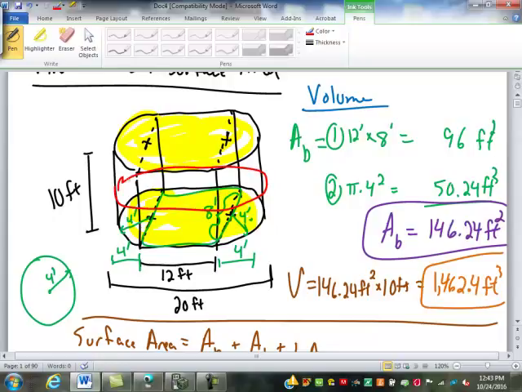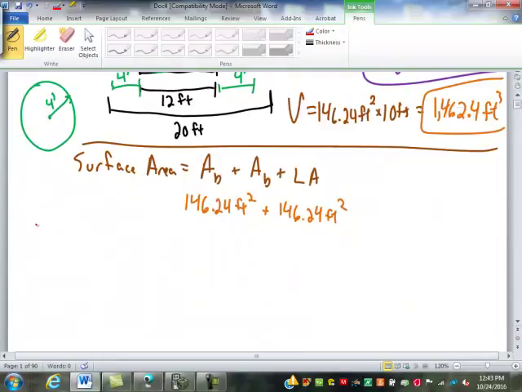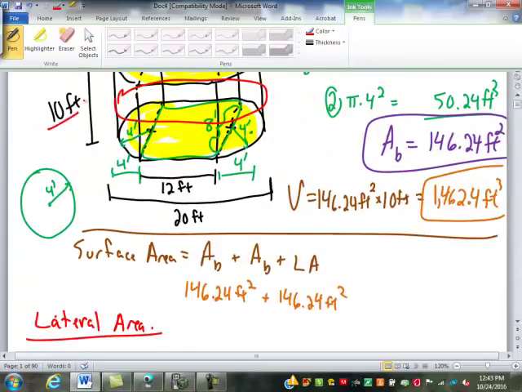Remember, that's called the lateral area, by the way. And if you recall, we always peel that lateral area out and make it one big rectangle. And the height of that rectangle is still the height of the total shape, 10 feet.